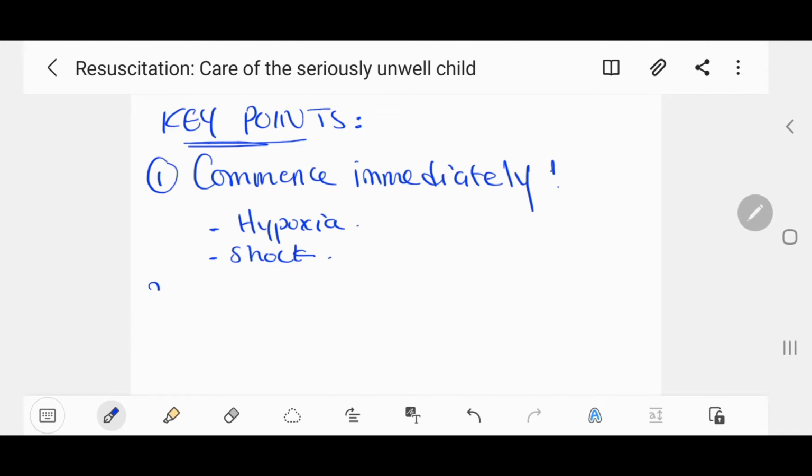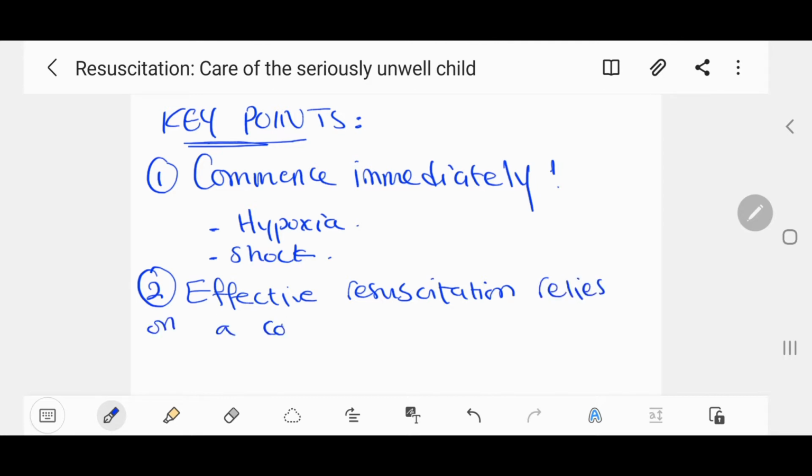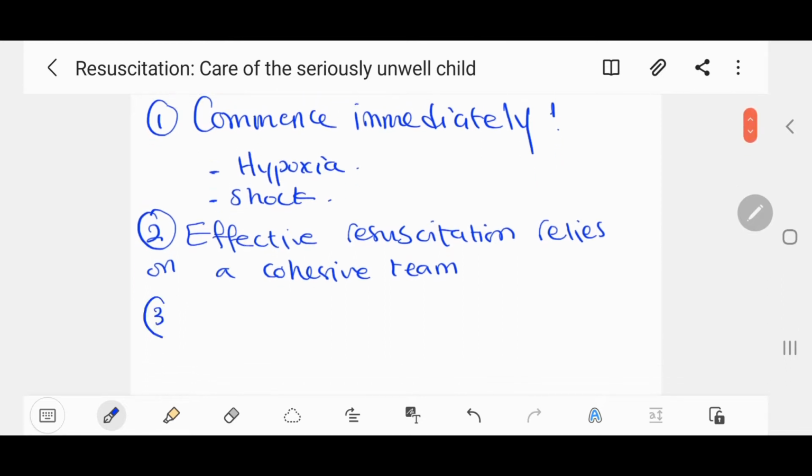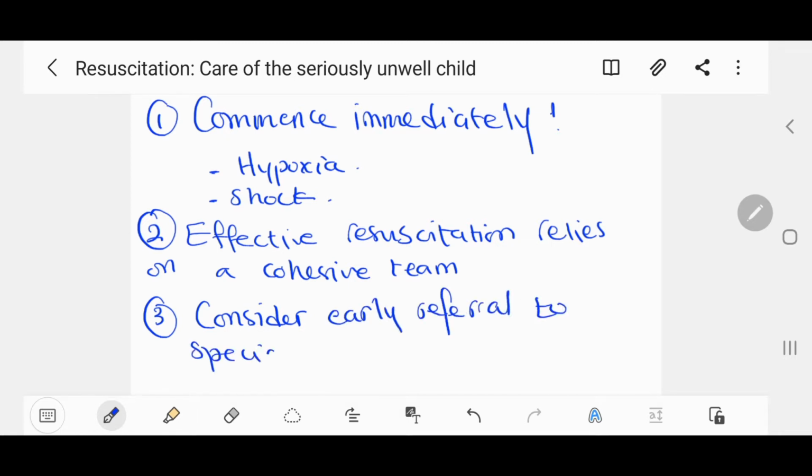The second point is effective resuscitation relies on a cohesive team with not only knowledge and skills but good communication and teamwork. The third point is we should consider early referral to specialized pediatric or retrieval service. So these are the main points when doing any resuscitation.